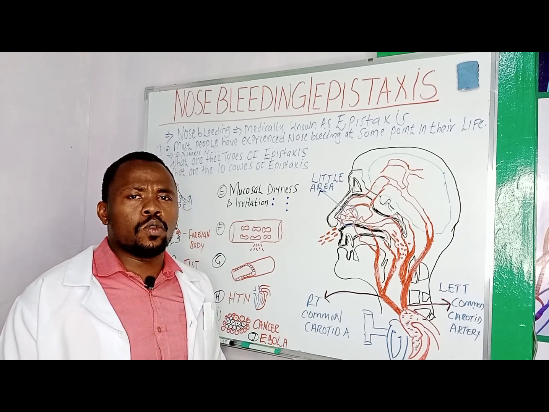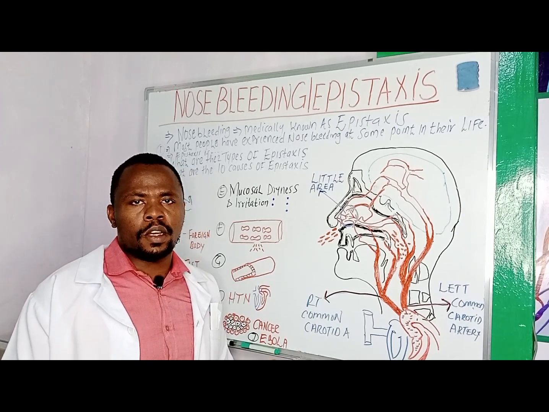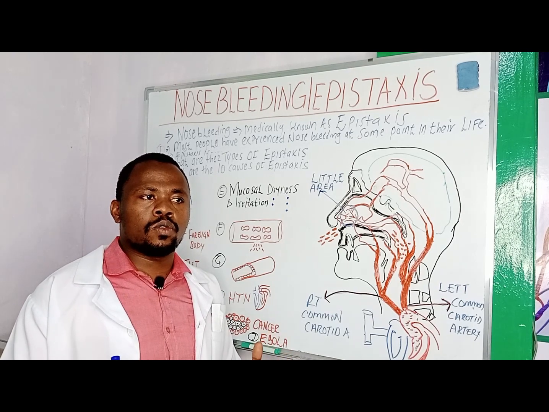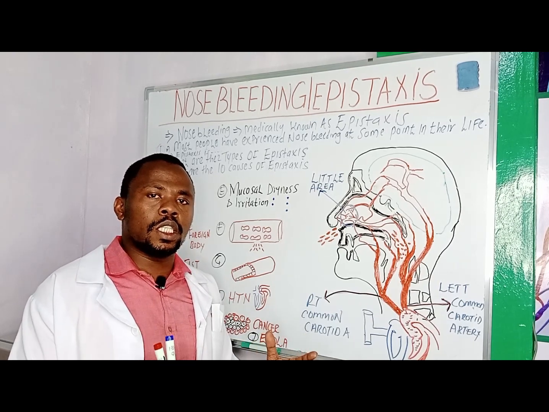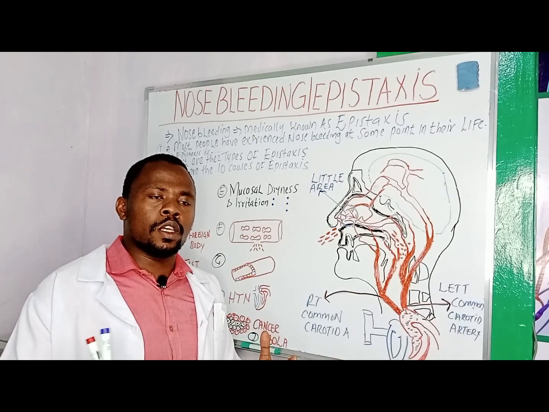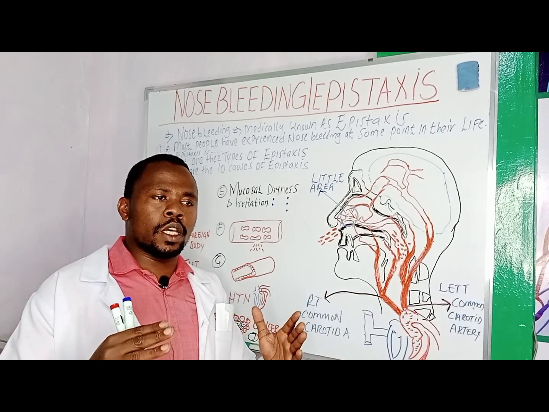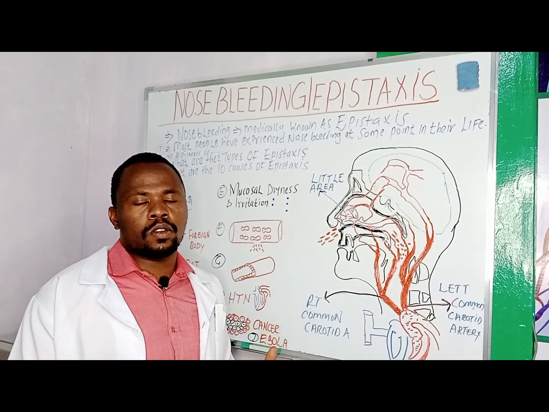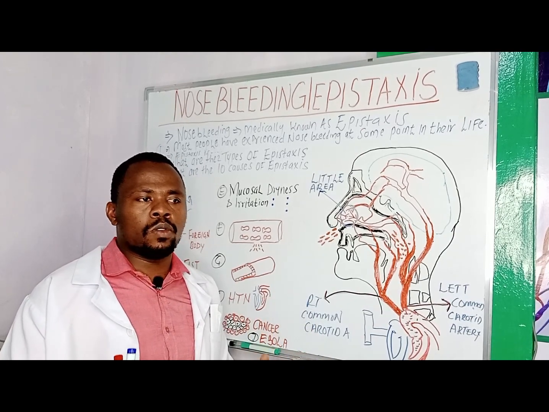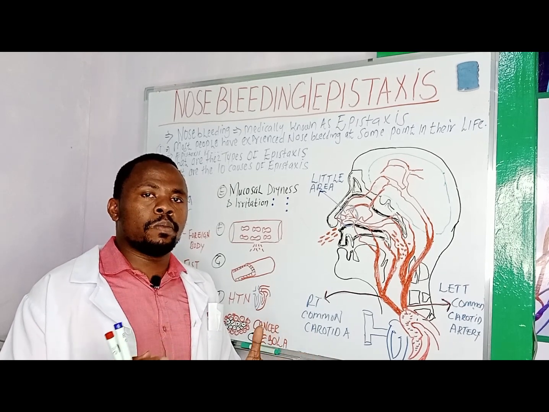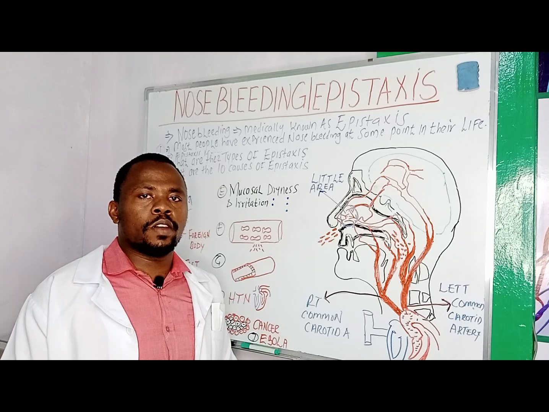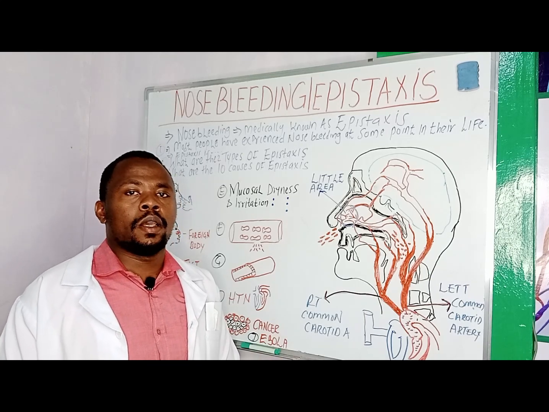Then we have people who are using blood thinner drugs. These are drugs that are used to treat clotting diseases. These clots can form in case there is a problem in your blood vessels or cardiovascular system. In case you have a stroke or you are being treated for DVT, you can be given drugs like aspirin, warfarin.